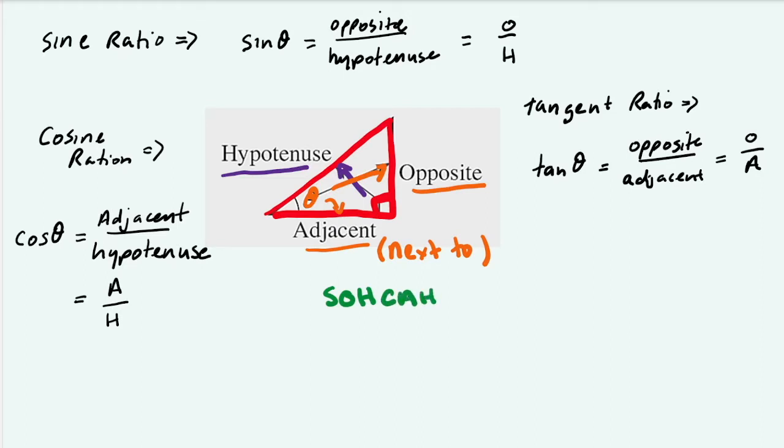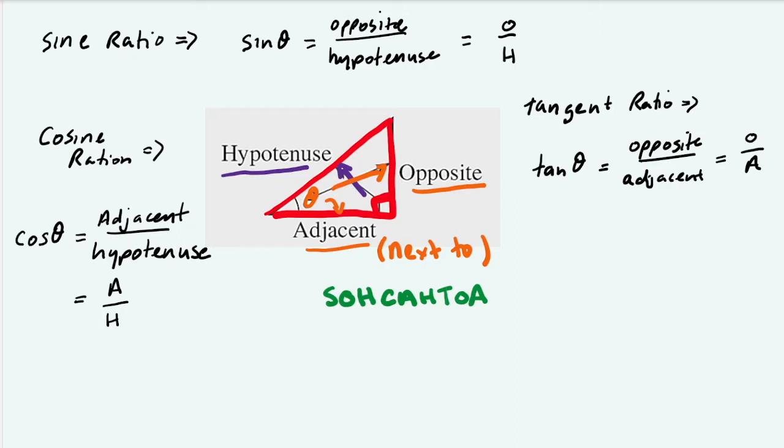C-A-H for cosine adjacent hypotenuse, and then T-O-A for tangent opposite adjacent. One of your best ways of working with the basic ratios is to chuck that word up the top so that you can remember what's going on.